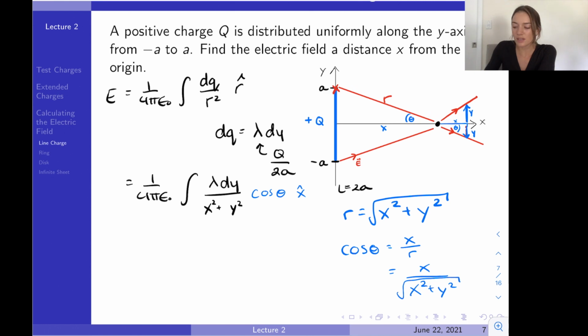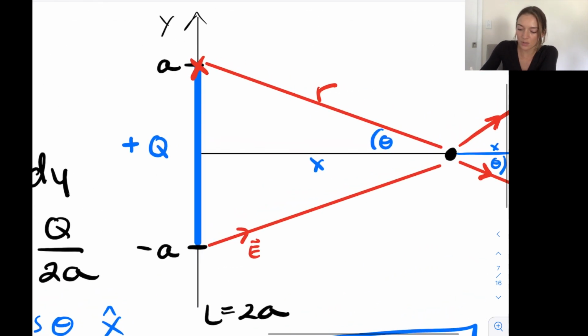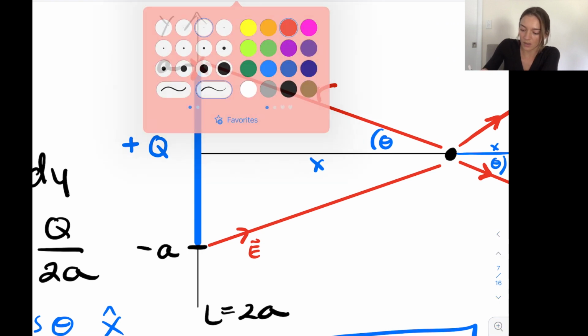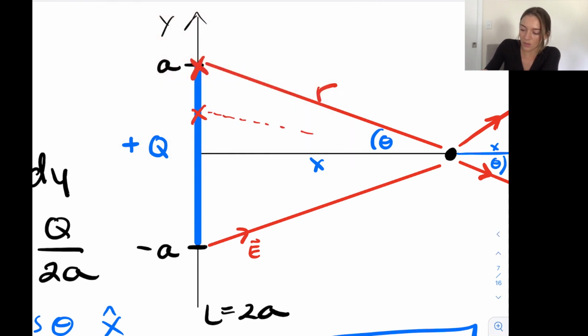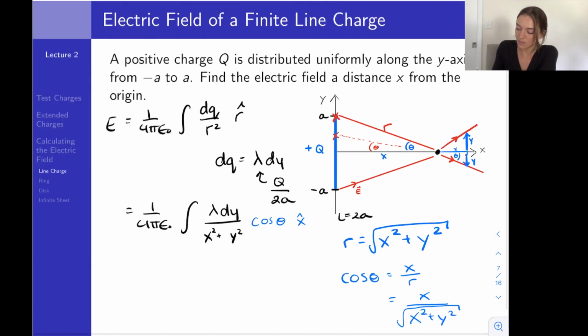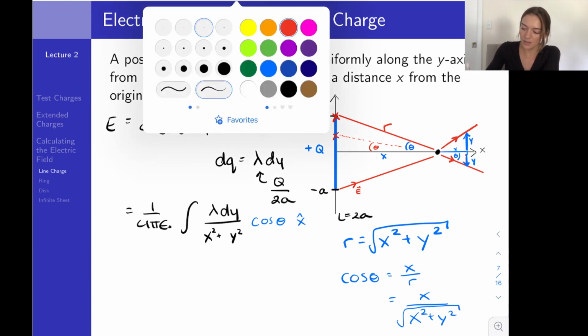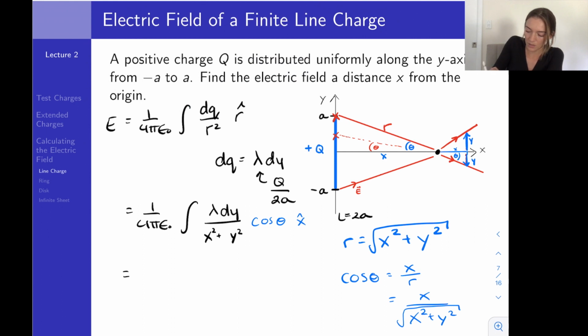So now at every single point along this rod, whether we start up here or we look at a point over here, I now know the cosine of that angle, and it's given by this. So now for every single point along my rod, I can pull out the x component. Let's rewrite this in terms of what we have. So we have 1 over 4 pi epsilon naught. We're integrating lambda over x squared plus y squared.